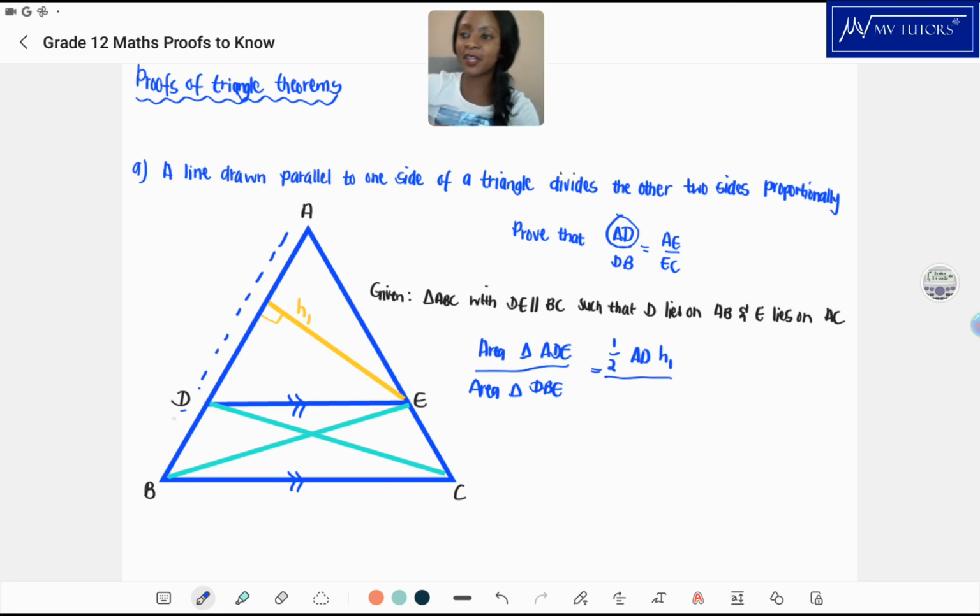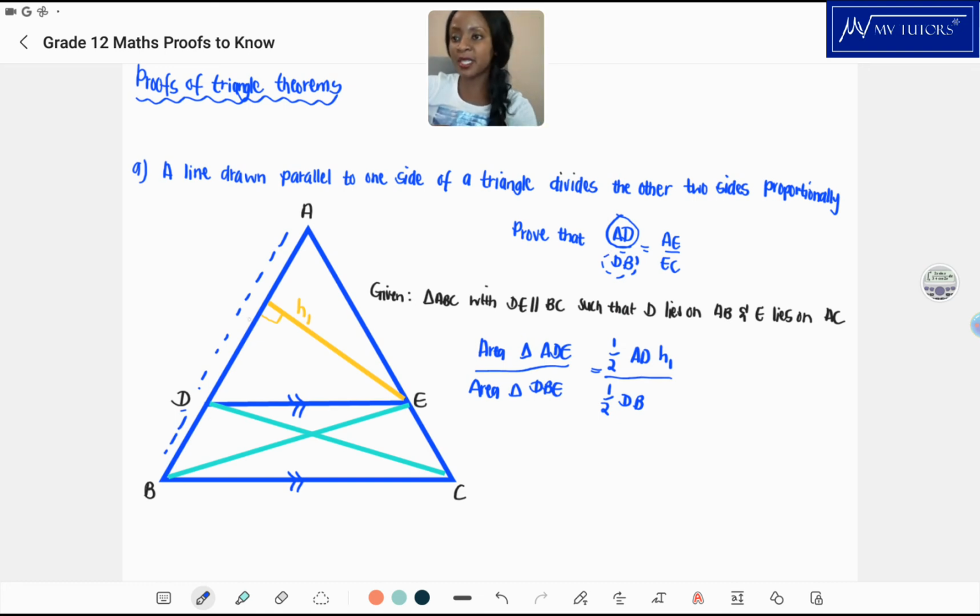Now if I look at triangle DBE, this is my base DB, which is in the same line as AD. So I'll have half DB, and I see I have DB over there, which is good.